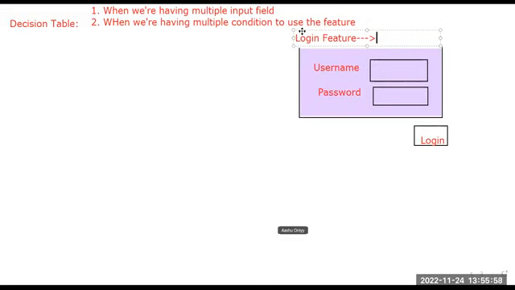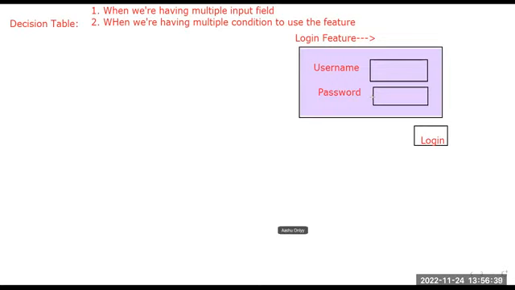Input means entering data, correct? Here we have multiple input fields: we have to enter the username and we have to enter the password. Two input fields means more than one, which is multiple, correct, guys? Yes, sir.